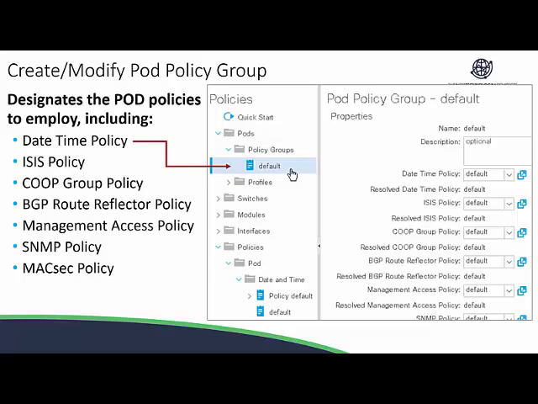BGP route reflector policy would be important because the spines, from a layer 3 perspective, have to distribute routes within the ACI fabric. So you want to have the BGP route reflector policy configured. Then you've got the management access policy, SNMP if you want to do monitoring, and then MACsec policy as well.